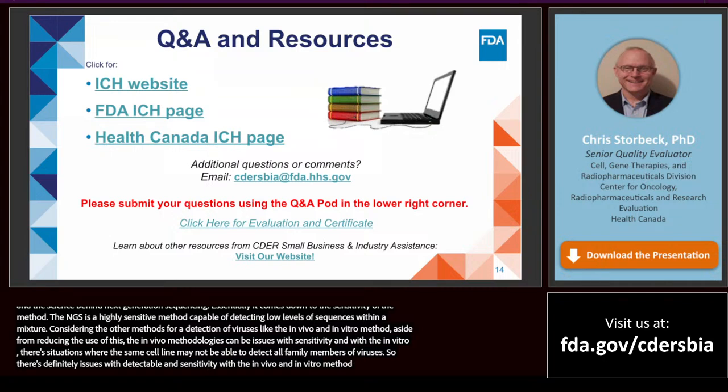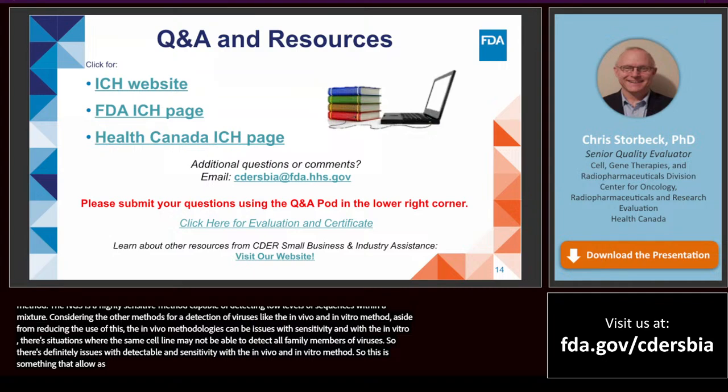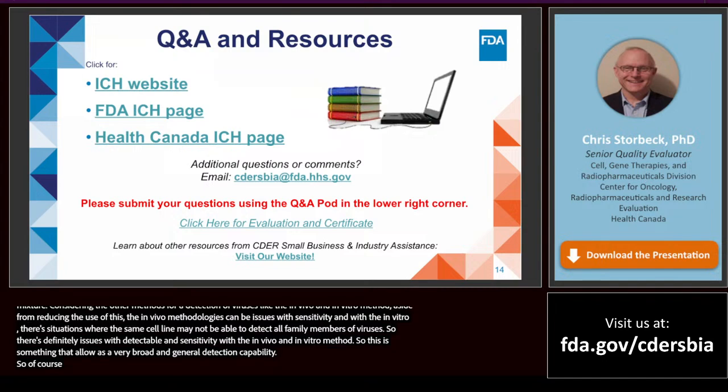So the capabilities and sensitivities of NGS allow a very broad general detection capability. And so, of course, if sequences are detected, it has to be confirmed whether these sequences are accompanied by infectious virus. And so it's really a first signal. And in that regard, it is a more stringent form of screening in a sense. Thank you.